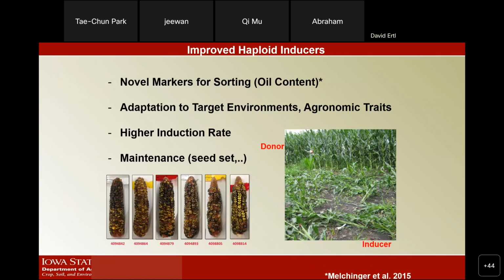Also, seed production was a problem. So these were the two main traits that made us develop adapted inducers. But once we started the process, we also started to look into increasing induction rate and into other markers or other traits that could be beneficial.